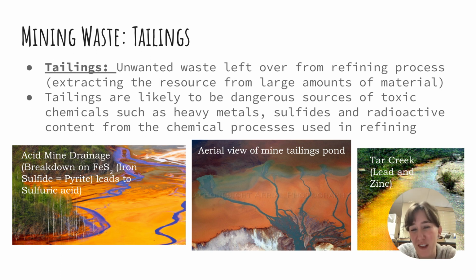That would often be put into a tailings pond, and sometimes is leaked into water, similar to the lagoons that we saw, the manure lagoons with CAFOs. Tailings ponds are also highly toxic and have a lot of potential contamination risks from heavy metals, from sulfides, from acidic content, or from radioactive material, depending on what you're refining.